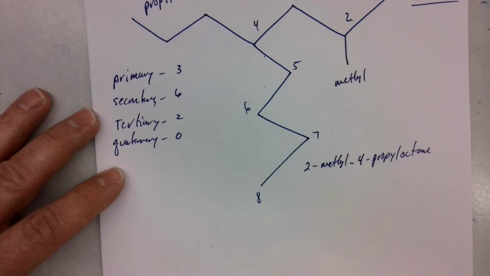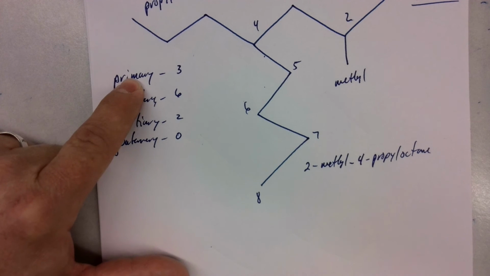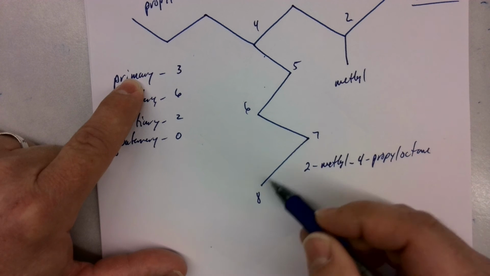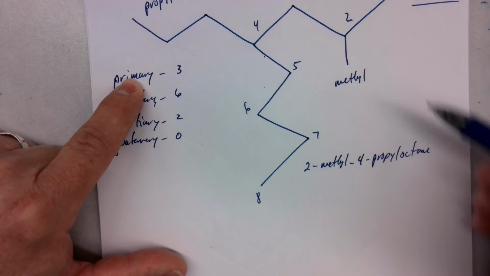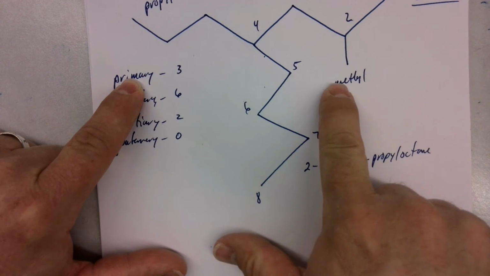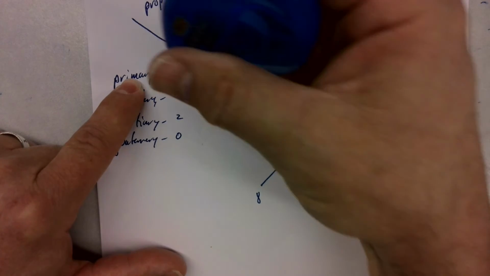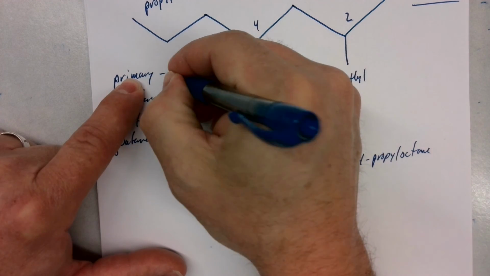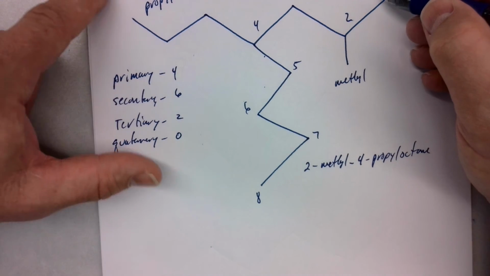Really close. It's how many carbon-carbon bonds there are. So why do I have 3 primaries? Because that carbon only has 1 carbon bond. I screwed up. I should have had 4. I forgot that one right there. Nice call. As soon as I said that, I missed one. 1, 2, 3, 4 primaries.